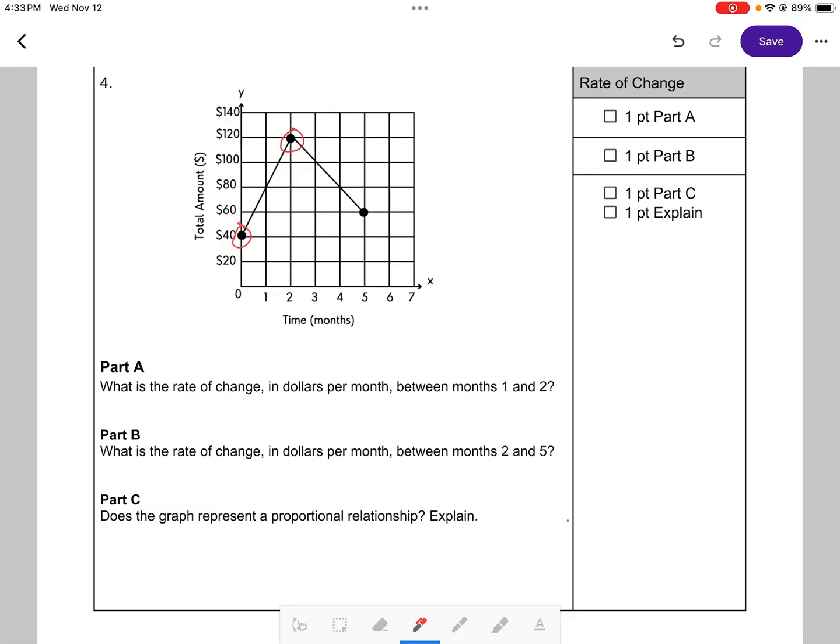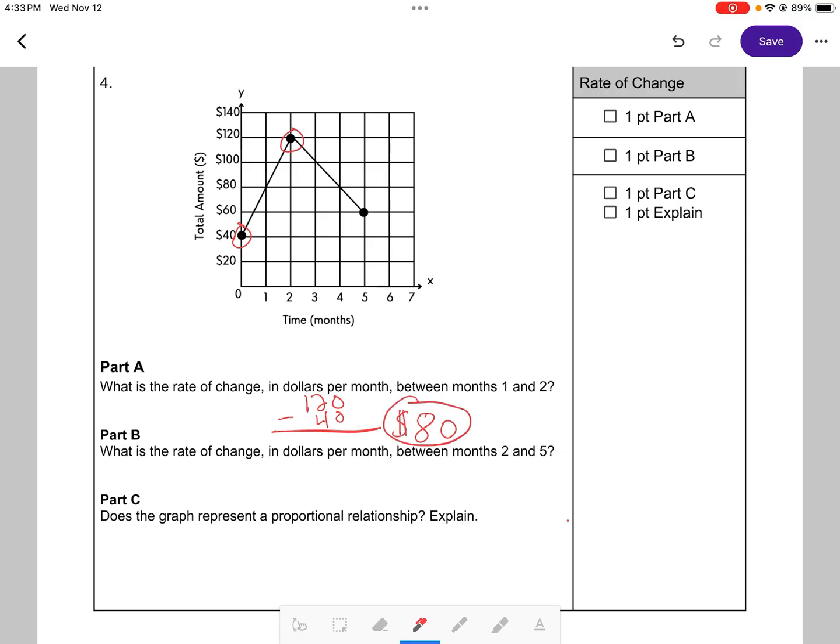What I'm going to do, I'm going to take 120 minus 40. And when I do that, I get 80. So the rate of change in dollars per month between months 1 and 2 is $80.